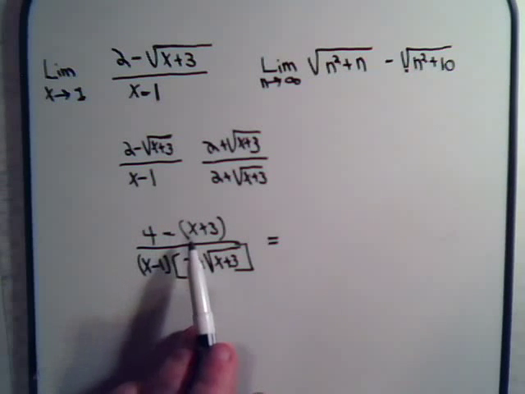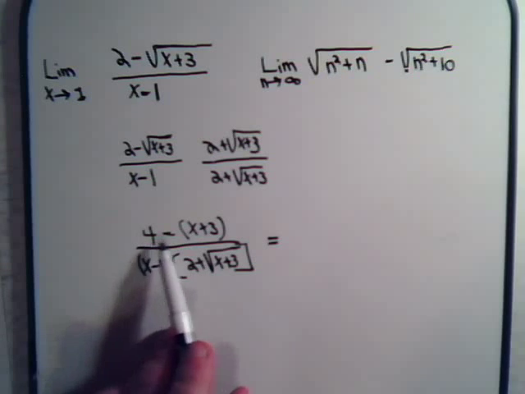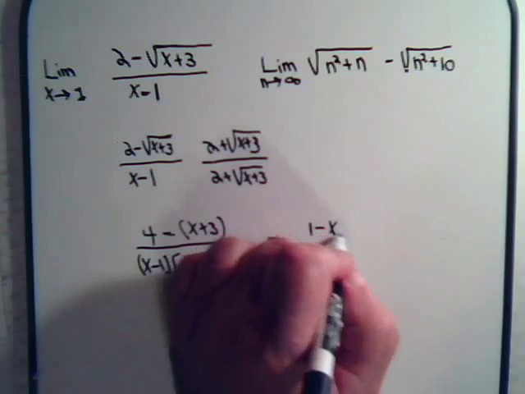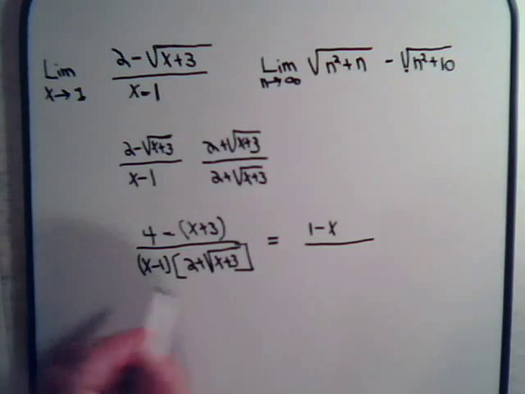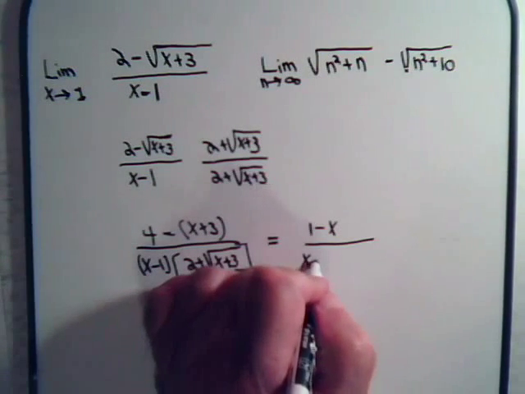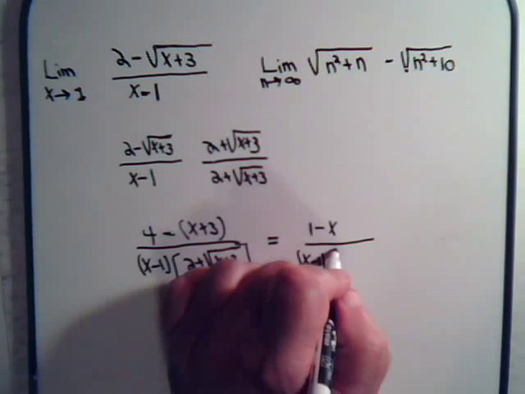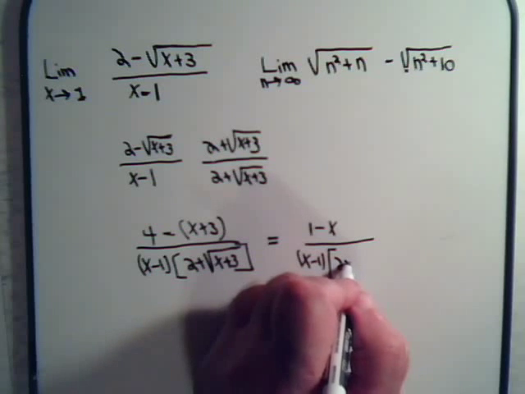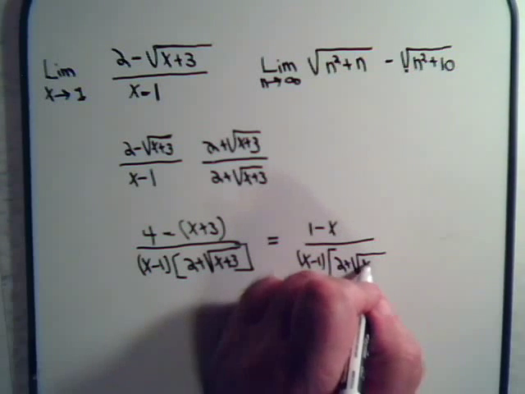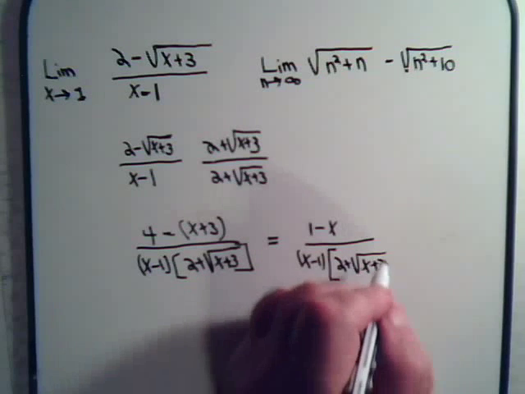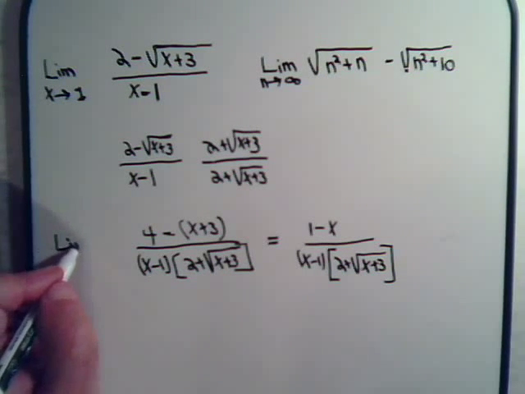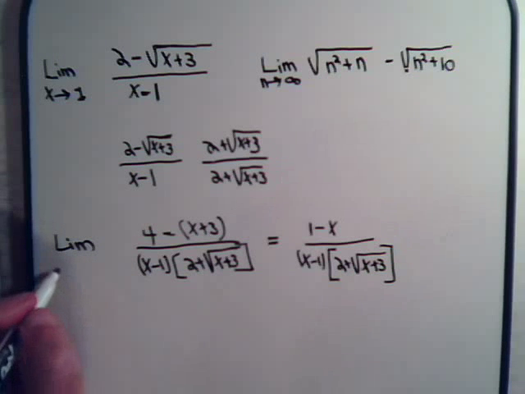Here we have 4 minus x plus 3. 4 minus 3 is 1, so we have 1 minus x divided by x minus 1 times 2 plus the square root of x plus 3. And we want to take the limit of this now as x approaches 1.